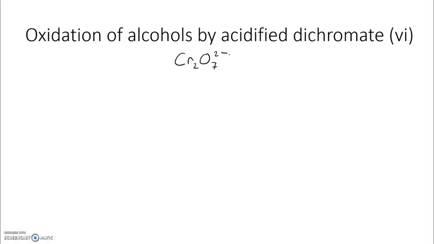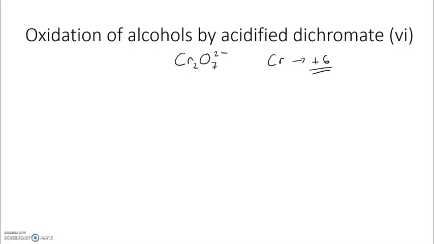It has chromium in the +6 oxidation state here. And it's the chromium that actually is carrying out the oxidizing in this particular reaction, where the chromium is accepting electrons and being reduced to a lower oxidation state.